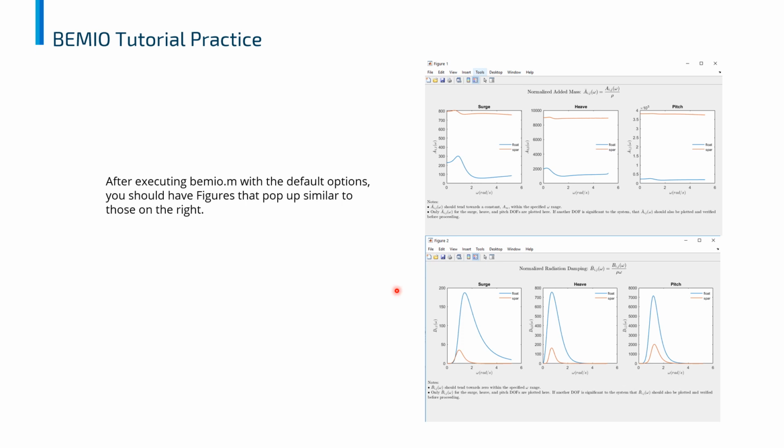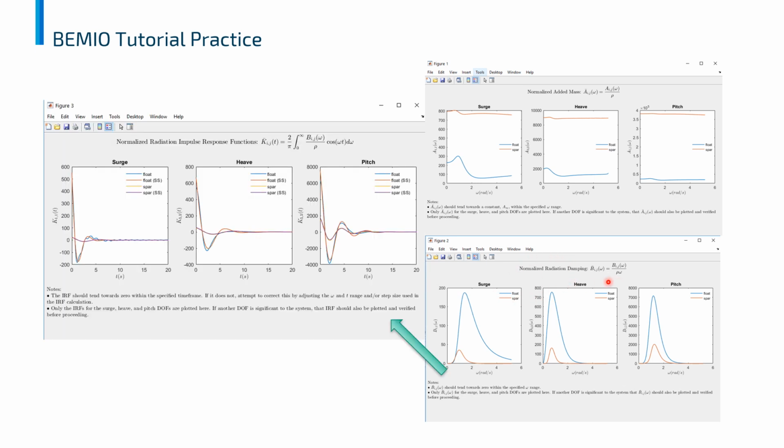Remember that the IRF function takes the radiation damping to calculate the radiation impulse response functions in this case. So here we can see results for the integral formulation and for the state space formulation of these functions.